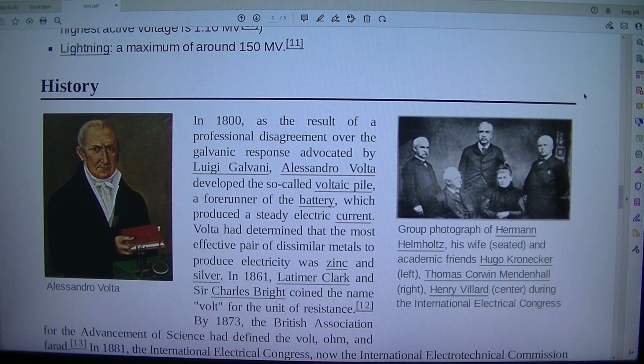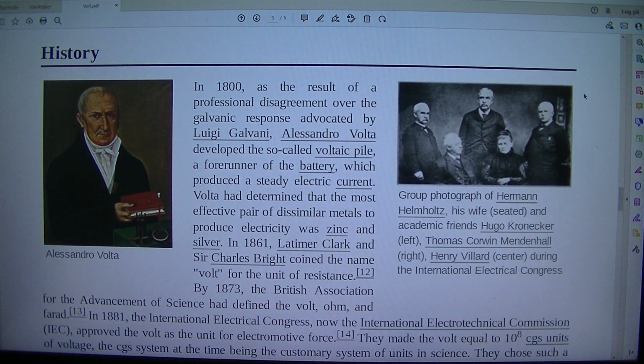History. Alessandro Volta. Group photograph of Hermann Helmholtz, his wife, seated, and academic friends Hugo Kronecker, left, Thomas Corwin Mendenhall, right, Henry Villard, center, during the International Electrical Congress.